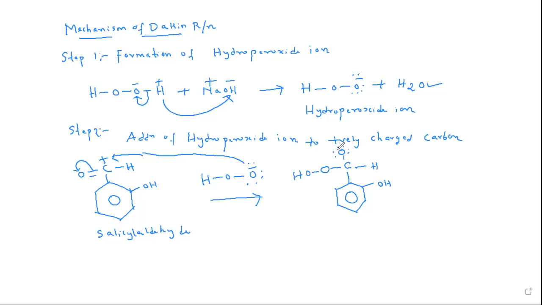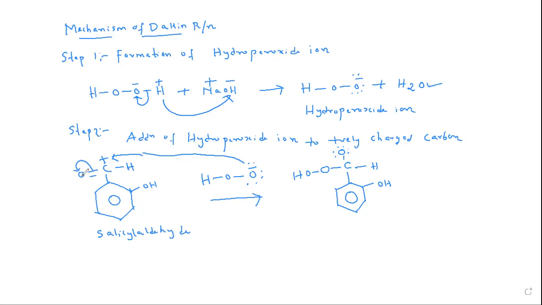Now listen carefully. So what we have done in step number 2 is addition of hydroperoxide ion to positively charged carbon. So I have taken salicylaldehyde. So this is your aldehyde functional group. Okay. So you compare the electronegativities between this carbon and oxygen.